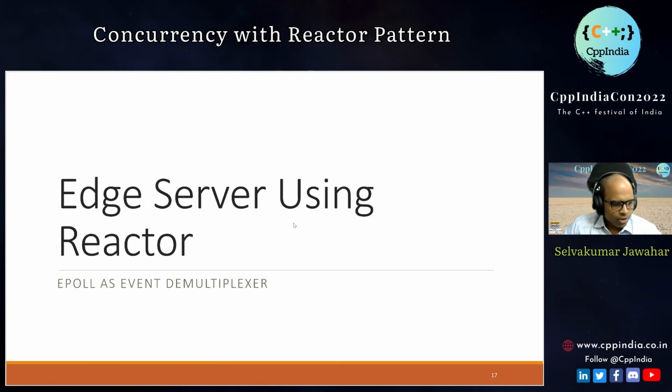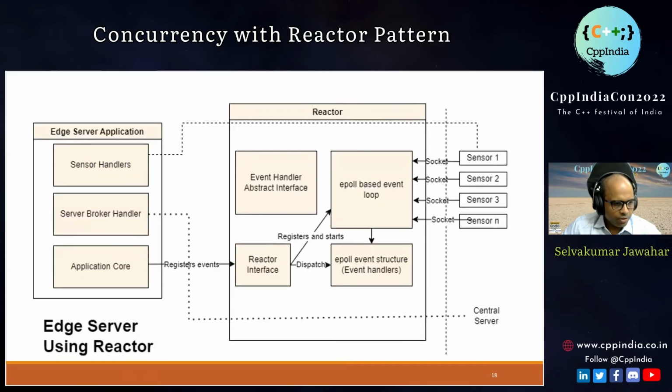So, the edge server using a reactor. Let's try to design the edge server. What we are going to do is use epoll. epoll is a mechanism similar to select or poll, and it's very specific to Linux. epoll is our event demultiplexer.